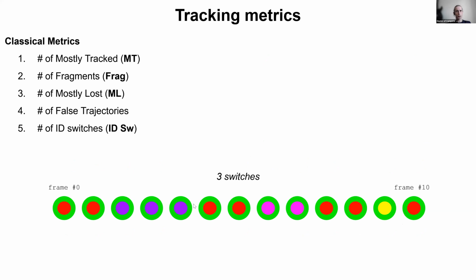In ID switches, we do not consider the predicted bounding boxes, but rather the resulting track IDs, track identities, and calculate the number of times when the identity changed along the ground truth track lifetime, right?